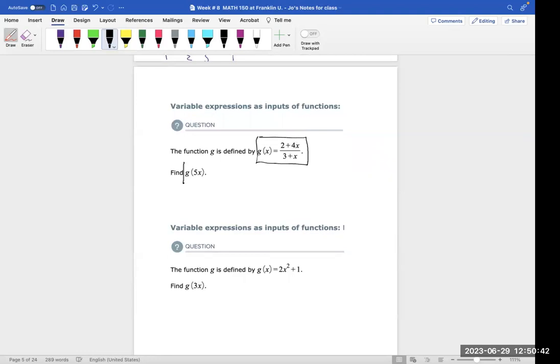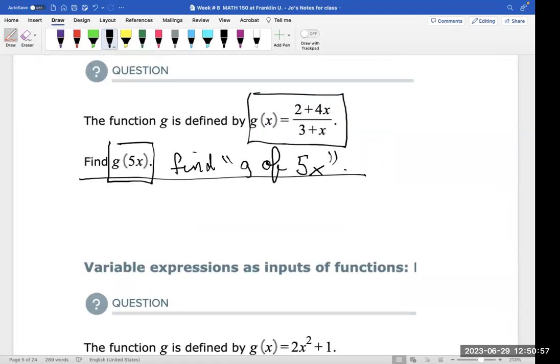So it says find G of 5x. You're not multiplying G and 5x. You're plugging 5x into your function. So my function is going to take something, and I'm going to rewrite it on my paper.